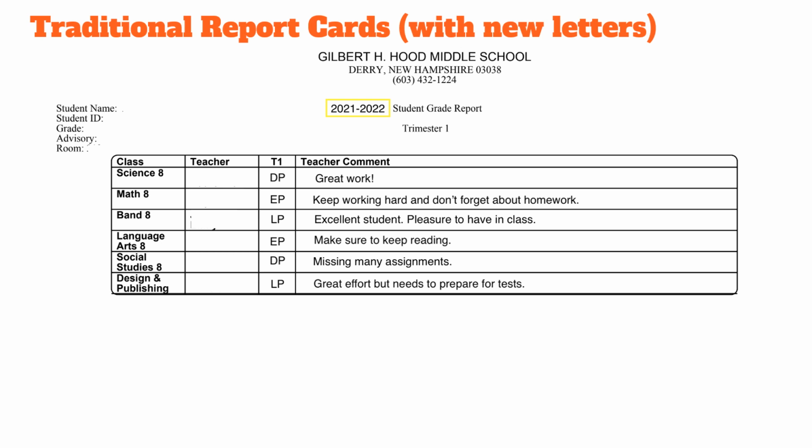We have started using some different codes, and the reason that we use these codes, this DP, LP, and EP, is there's a rubric attached. And in the old report card, it would have been on the bottom here that said what LP stands for, which is limited progress, or EP stands for emerging progress, or DP stands for demonstrating proficiency.